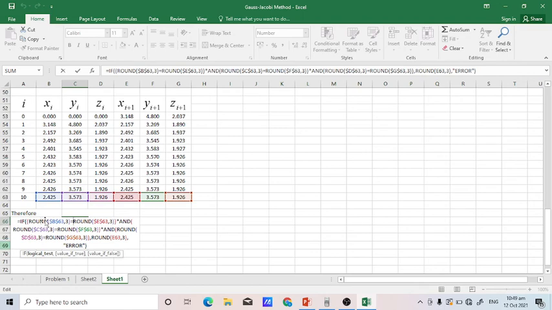When we round off this B63, this X, to 3 decimal places, and it becomes equal to the rounded-off E63, the X sub I plus 1, also to 3 decimal places, okay? When they become equal, then X is equal to X sub I plus 1. X equals X sub I plus 1.